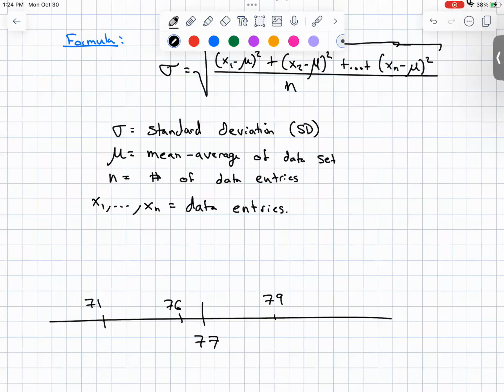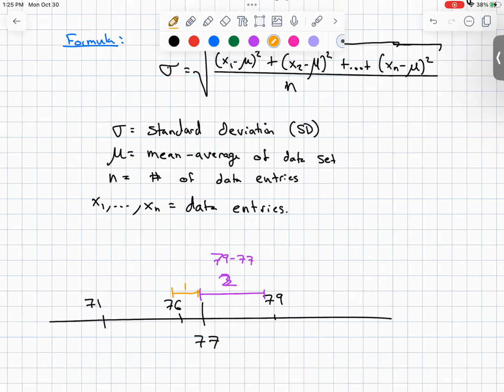This person has a distance of 2 between them, right? And how did I do that? I took 79 minus 77, that's where I got 2. Here, there's a distance of 1. Now, I got that by doing 77 minus 76, but if we wanted to do it generalized, you always put the first number first, but then that ends up being a problem.